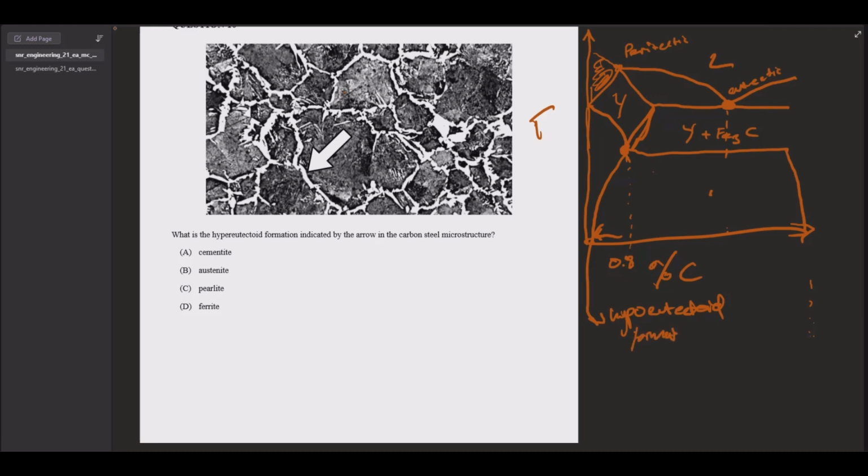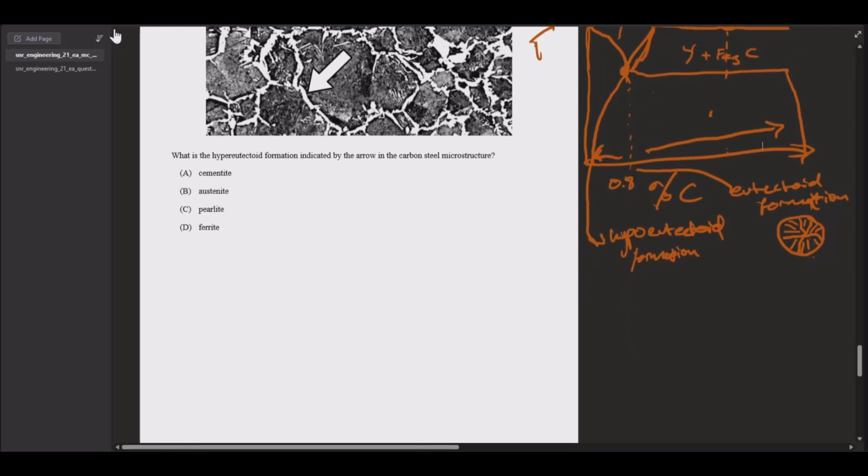But at the 0.8%, that is a eutectoid composition, or formation. And that's going to be your standard perlite. So, you know, you're going to have your little cells, and you're going to have the lamellar lines. All of them will have lamellar lines. But this region past here, that is going to be the hypereutectoid formation.